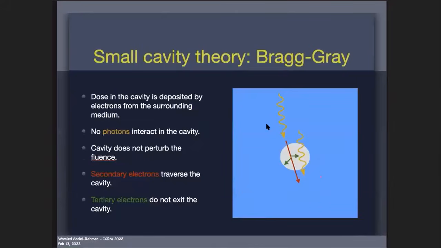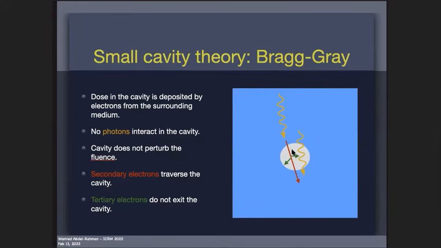Another theory is the small cavity theory, that's the Bragg-Gray, where the dose in the cavity is from the electrons from the surrounding medium. So essentially, what this means is that photons do not interact in the cavity. So the dose in the cavity is a result of the electrons that are produced from the surrounding medium. Again, the cavity does not perturb the fluence of the photons. And the secondary electrons that are produced outside of the cavity just cross the cavity.